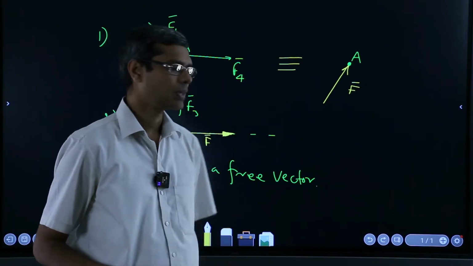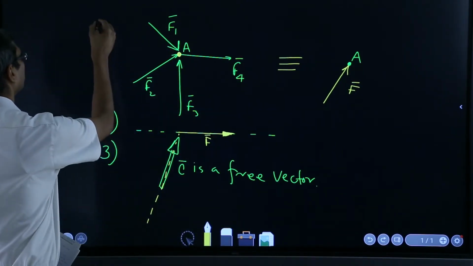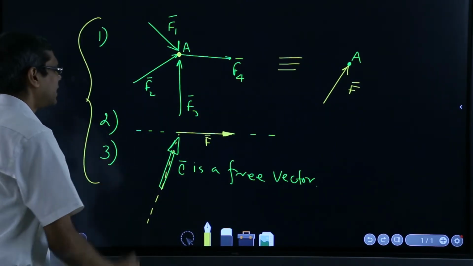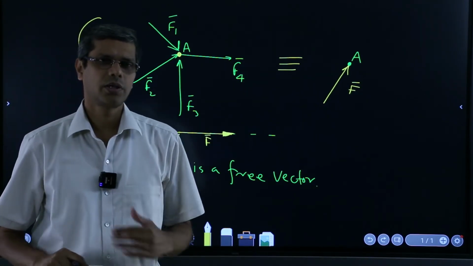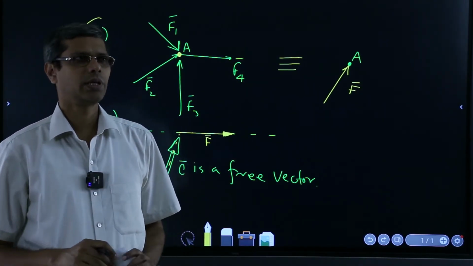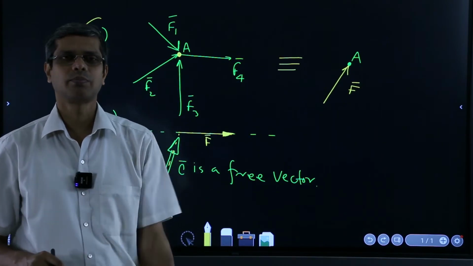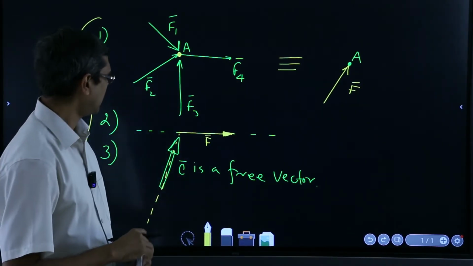So it's a free vector. These are the three most trivial things which you should think about first if you see a problem with a system of many forces.